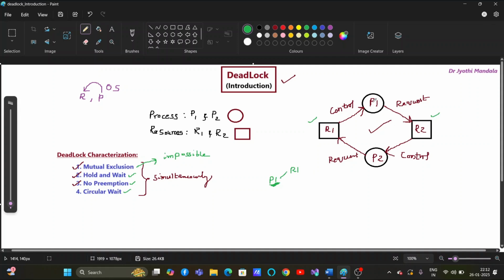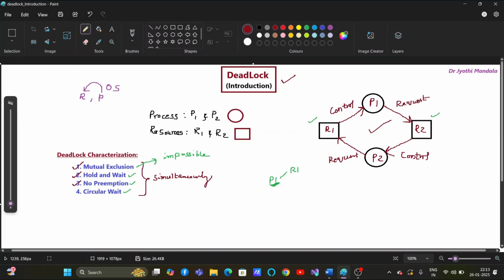Did you see what happened? P1 is holding R1, but it has to complete its execution to release this resource. But when can it release this resource? Only when it gets R2. Here no preemption has been applied. What is no preemption? A process will not release these resources until it completes its execution, because of which it has led to the deadlock situation.